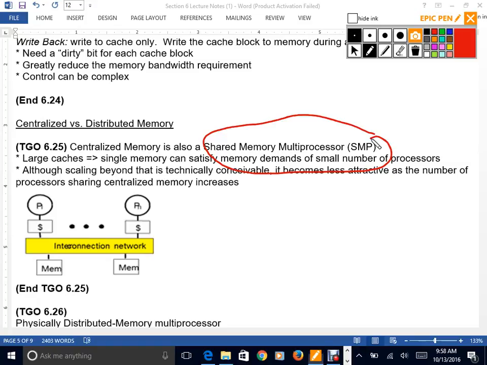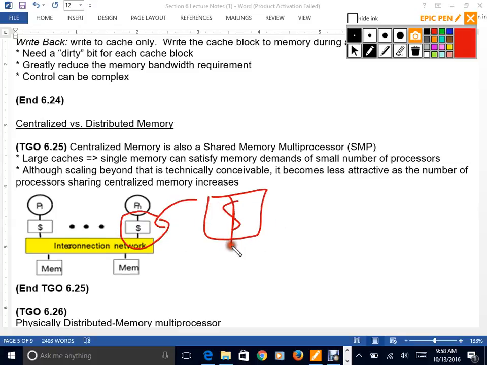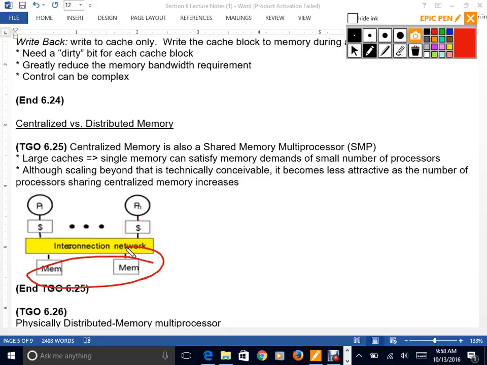You have these large caches right here. In the diagram, they actually drew a little dollar sign, very punny. A single memory can satisfy the memory demands of a small number of processors. So what's happening here is we have this memory network where the cache updates and then goes to the memory, right?